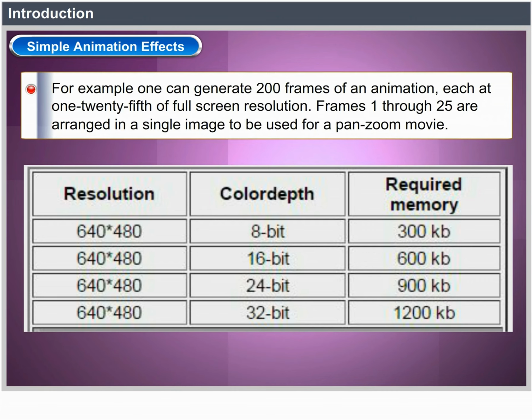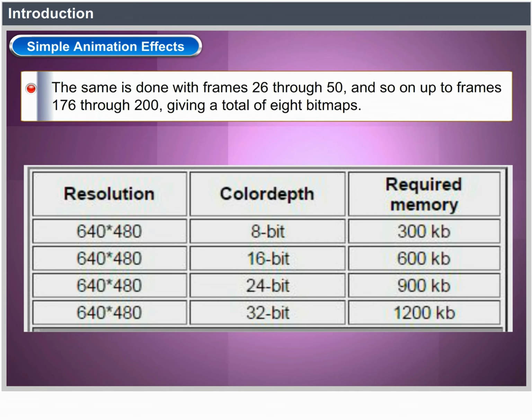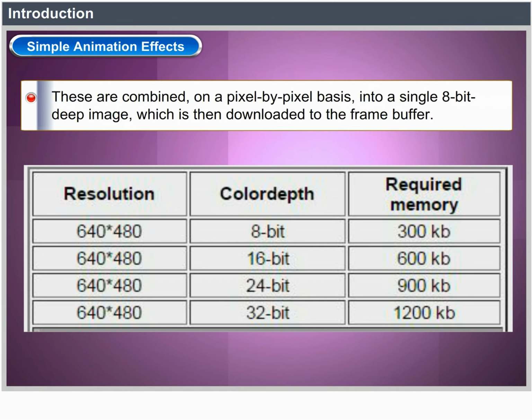Frames 1 through 25 are arranged in a single image to be used for a pan-zoom movie. The same is done with frames 26 through 50 and so on up to frames 176 through 200, giving a total of 8 bitmaps. These are combined on a pixel-by-pixel basis into a single 8-bit deep image, which is then downloaded to the frame buffer.